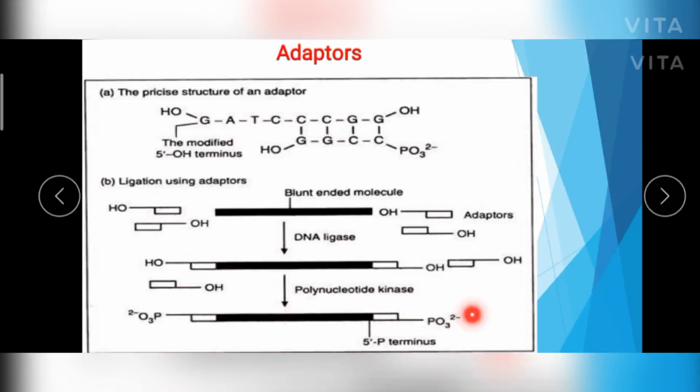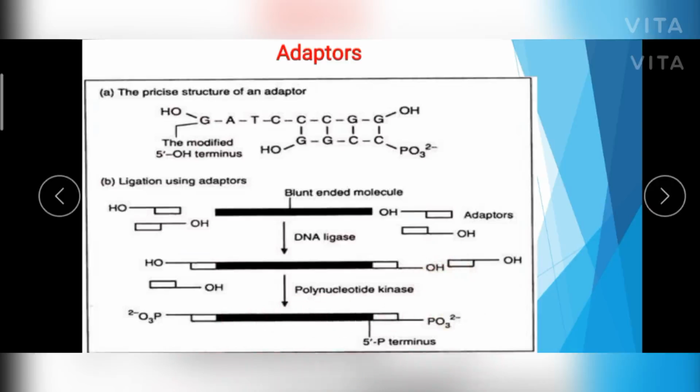The modification, the hydroxyl group at the terminal end, is removed by using the enzyme polynucleotide kinase. When this enzyme is added, the hydroxyl group is removed, and in that position the phosphate group is added.